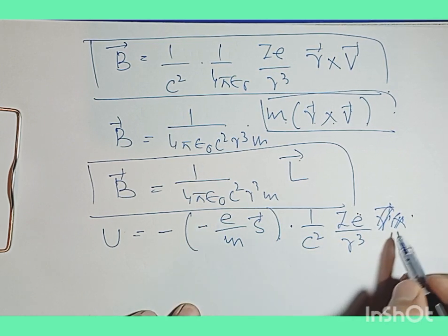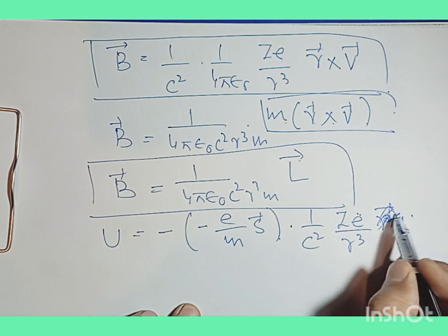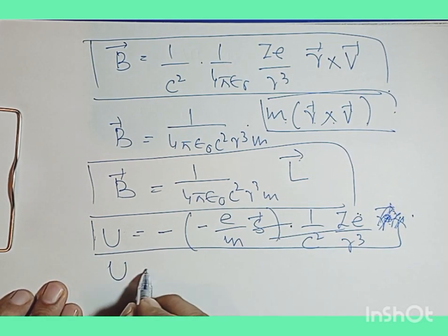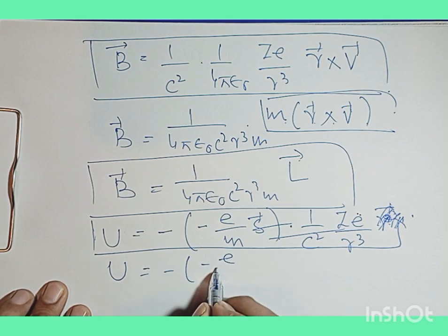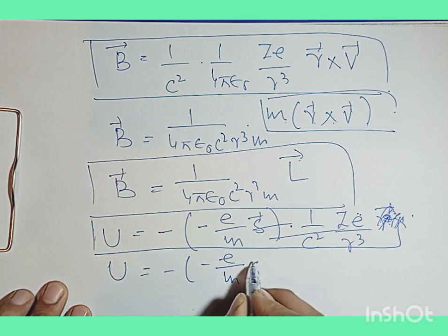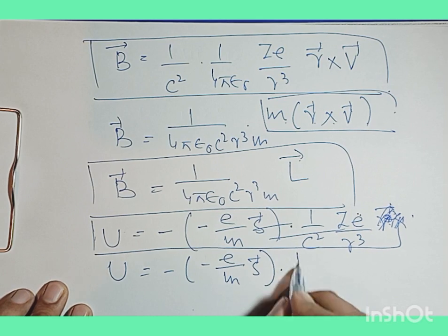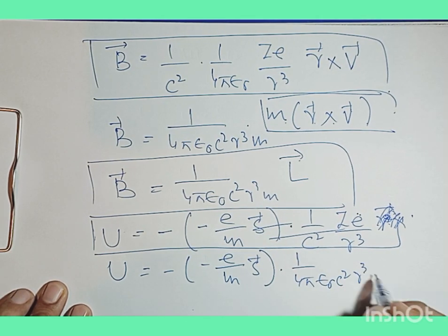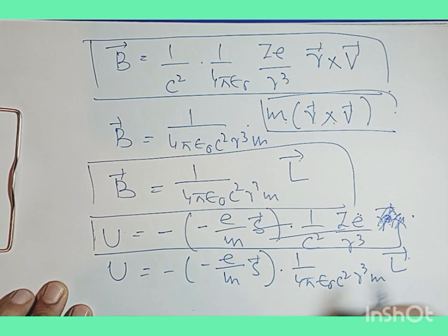Okay, I'm writing it wrong, so let me write this again. This U will be minus times minus e by m S vector dot 1 by 4 pi epsilon naught c square R cube times L vector.